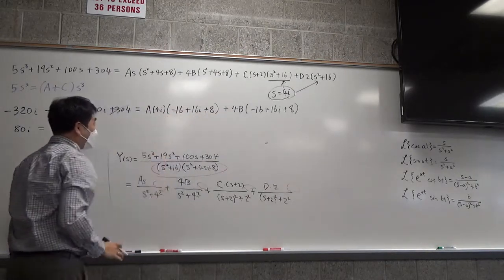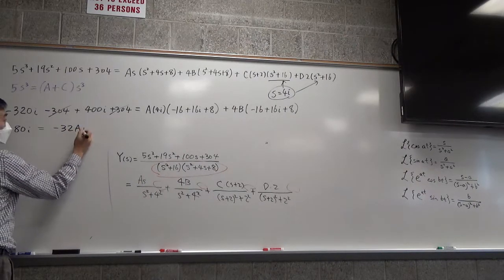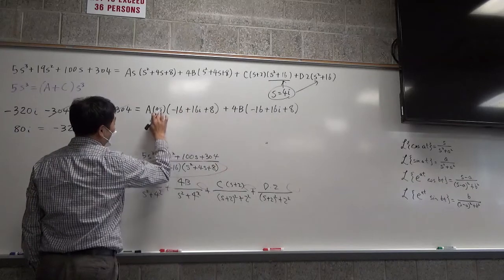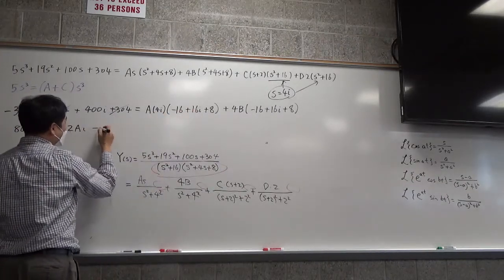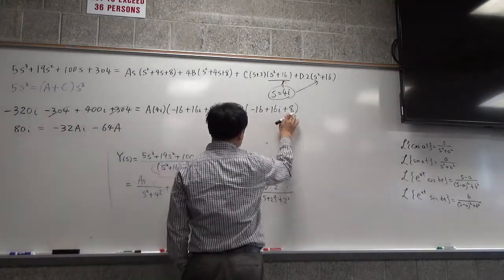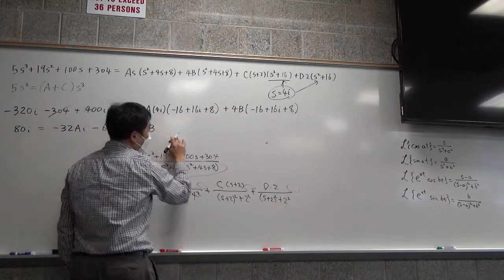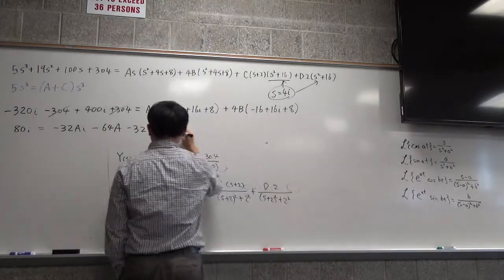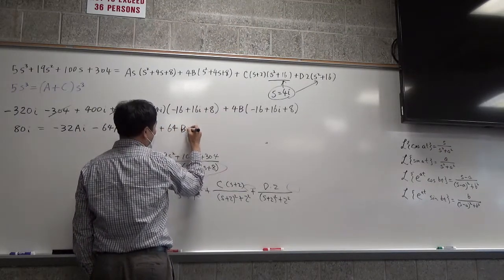Negative 8 times 4 is negative 32ai. And then 16 times 4 is 64, but i times i is negative 1, so you get negative 64a. Same thing, negative 8 times 4b gives you negative 32b. And then 16 times 4 gives you 64bi.